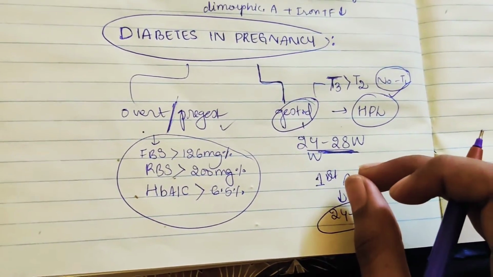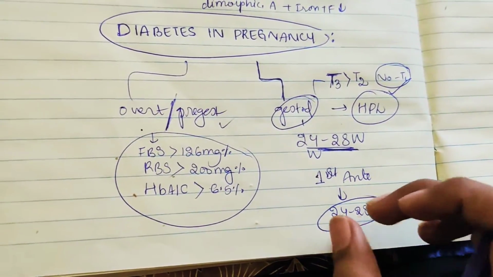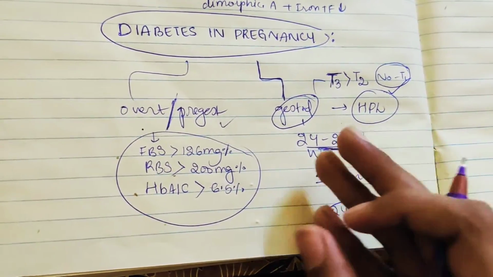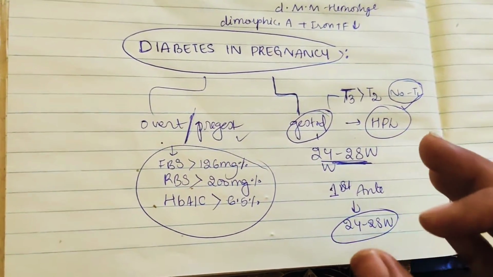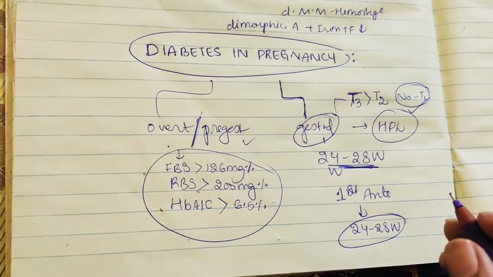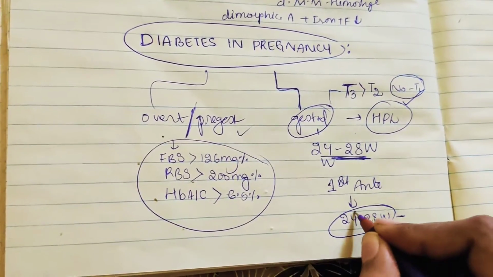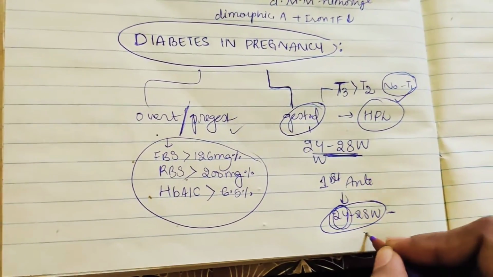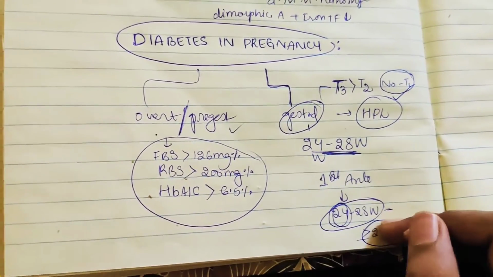Because we want to know whether the patient already has overt diabetes or not. And at 24 to 28 weeks, why do we do it? Because we want to know whether gestational diabetes is developing or not. So we repeat the test; remember that between 24 to 28 weeks is fine, but mainly at greater than or equal to 24 weeks is the time we do the second diabetic test.